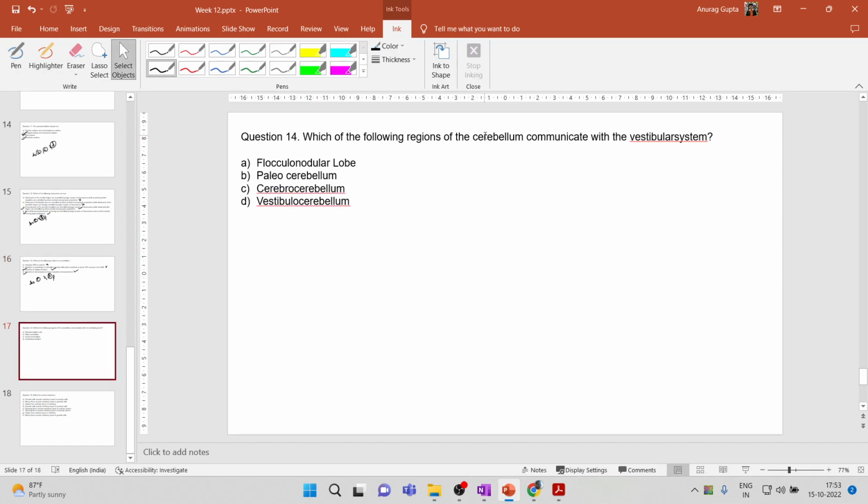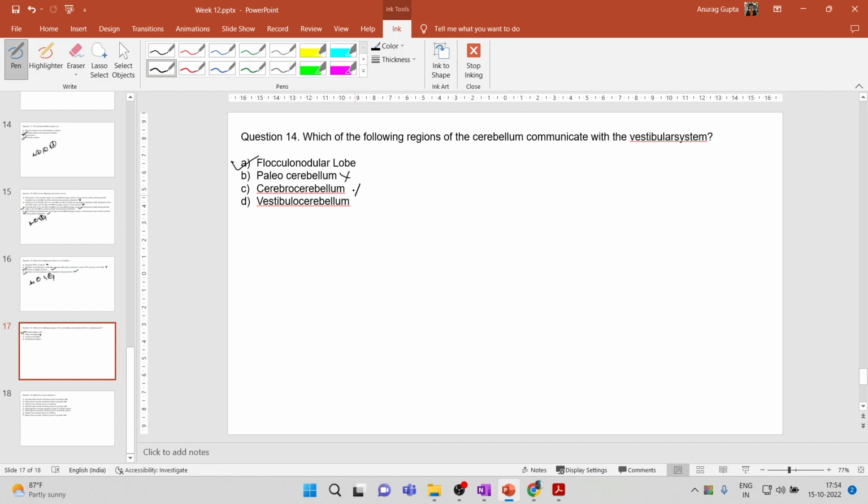Okay, which of the following regions of the cerebellum communicate with the vestibular system? A. Flocculonodular lobe. This is correct. B. Paleocerebrum. No, this is not correct. Sorry, paleocerebellum is another name for the spinocerebellum, and this is false.